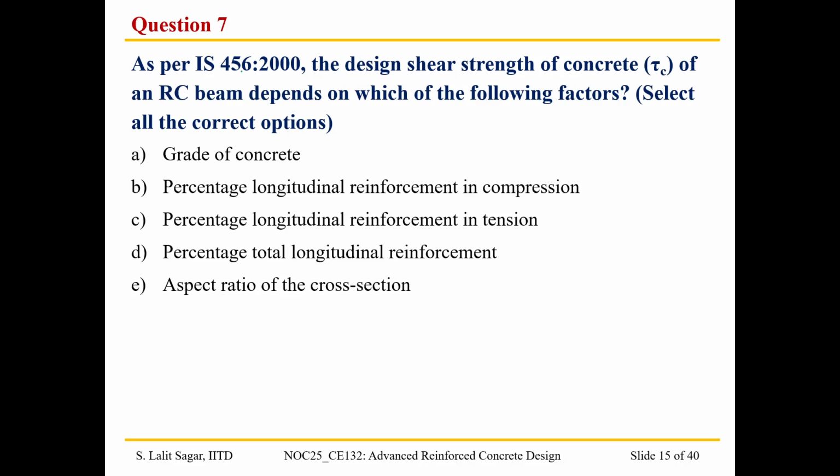As per IS 456-2000, the design shear strength of concrete, that is tau c, of a reinforced concrete beam depends on which of the following factors. Kindly have a look at this statement carefully and let me know what is the correct response.